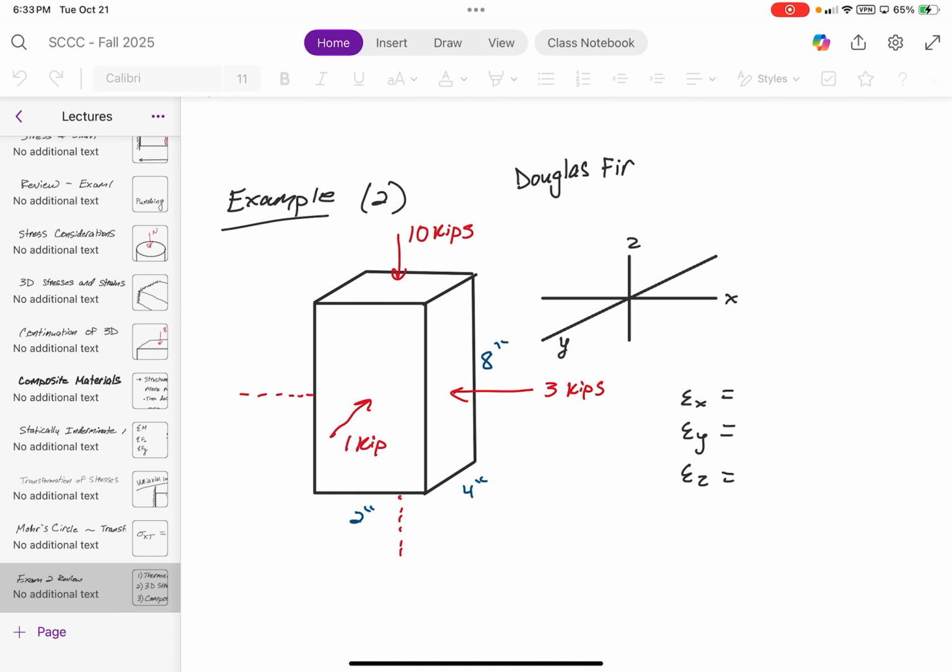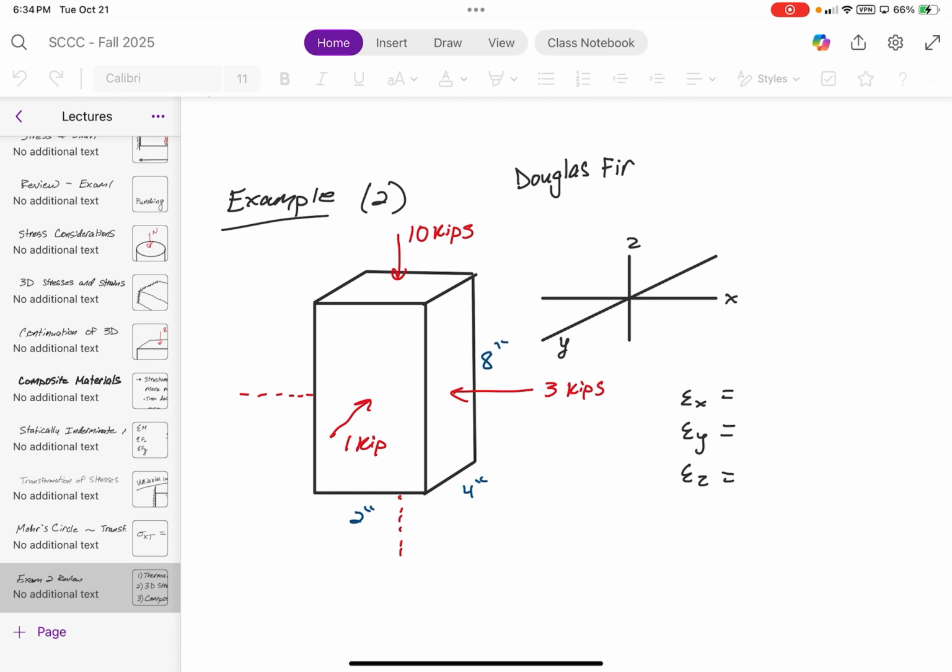If you wanted to find epsilon z, it would just be sigma z over E. And then there are also going to be sigma x's and sigma y's, but if those aren't defined, assume that they're 0.